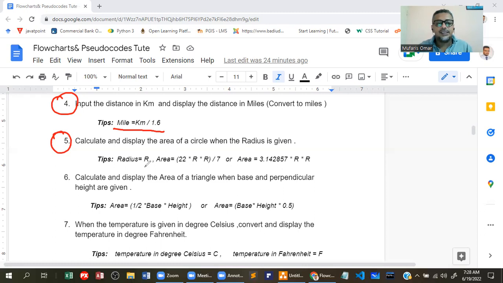The radius, you can take r, so then the area would be pi r squared, you know the formula, or you can use this formula. You can convert this. Then the next, calculate and display the area of a circle when the radius is given.